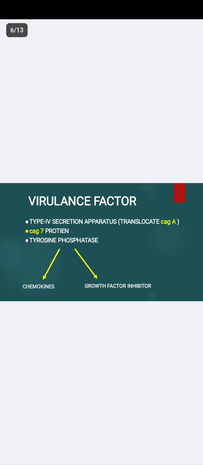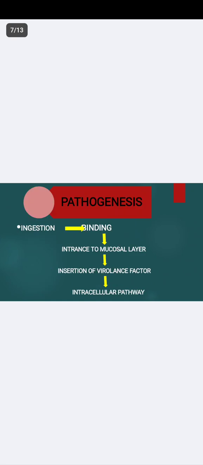Now its virulence factors: type 4 secretion apparatus, translocated CagA and CagL protein, tyrosine phosphatase, chemokines, growth factor inhibitors. Now its pathogenesis is starting. It means how it is transferred to our body.